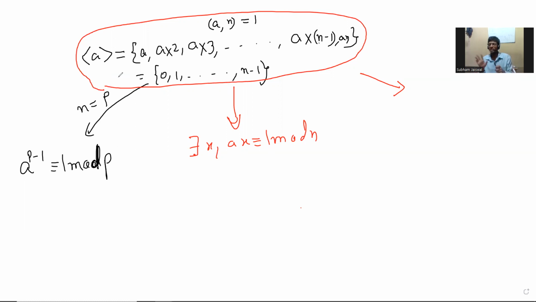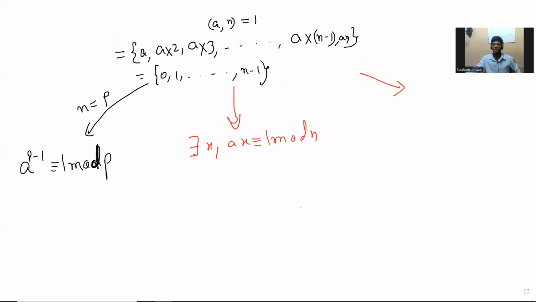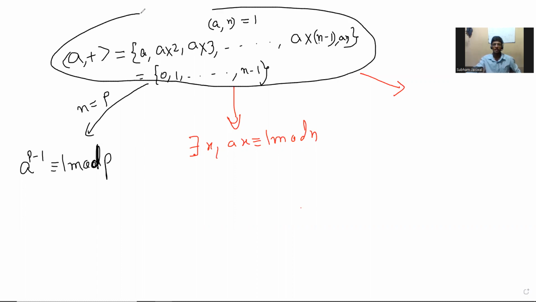We are using multiplication for our own convenience, but that's what it is. It is A plus A. So basically, additively, what all you can generate. Yeah, that's all it is. So maybe I can just write: using A and addition, what all you can get is that set.